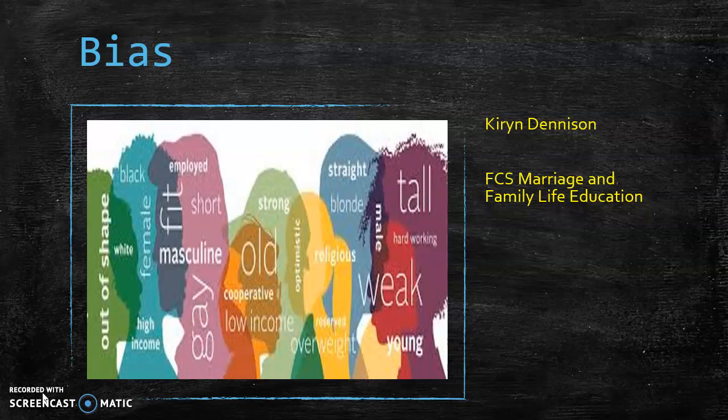I want to mention the different types of biases so we can become more aware of diversity. And lastly, I'm going to go over how biases affect ourselves and others, and then give tips on how to reduce and overcome biases to improve our way of thinking and actions towards others who are different from us.